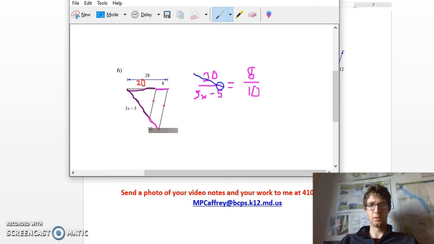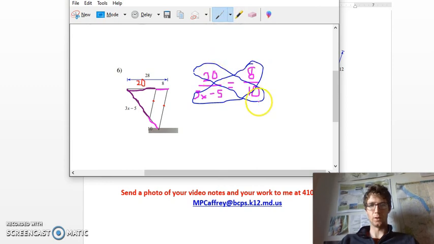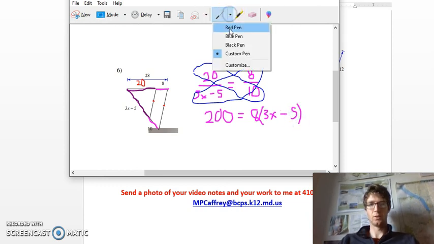Okay, so now let's cross multiply. So this will be multiplied and these will be multiplied. So what's 20 times 10? That'll give you 200. Will be equal to whatever 8 times 3x minus 5 is, so now what we got to do here is we just got to distribute.